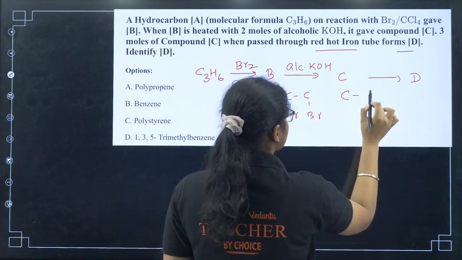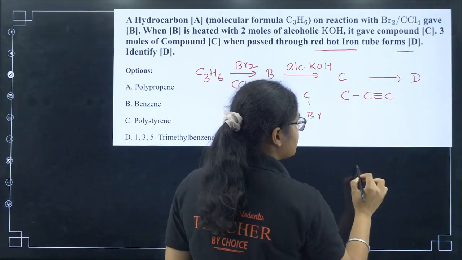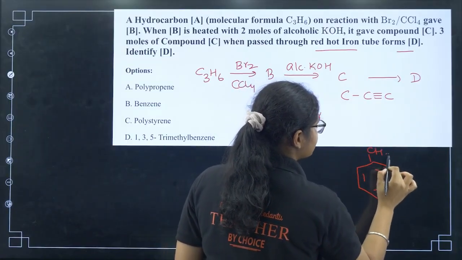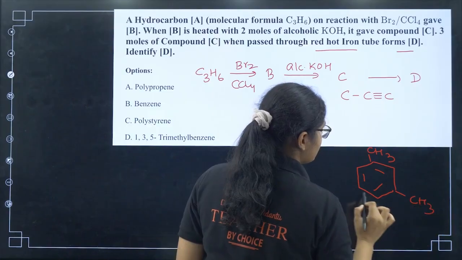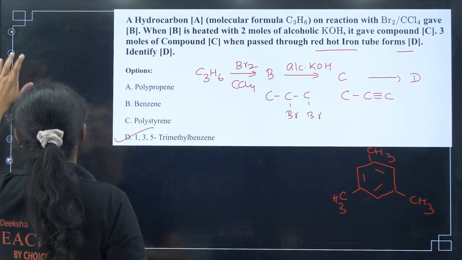Next, alcoholic KOH will give me this one. And next, the red hot iron tube causes polymerization, and you will get a compound like this, with CH3, CH3 and CH3. So that will be option number D.